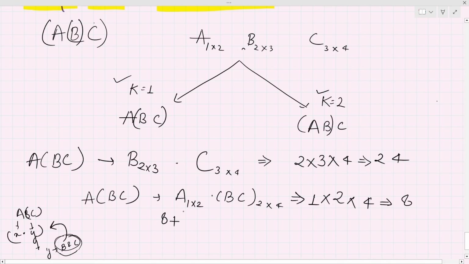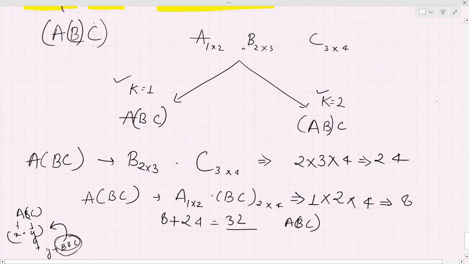What is the value? The value is 24. So 24 plus 8 is 32. 32 is the correct answer. 32 is the value of a b c, when we multiply bc with a.